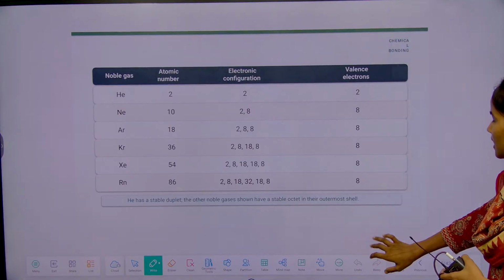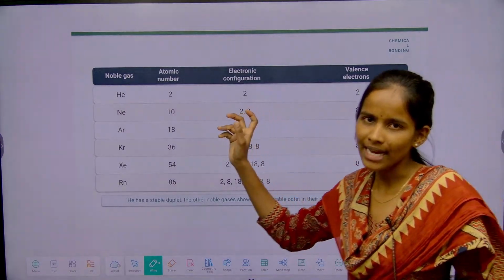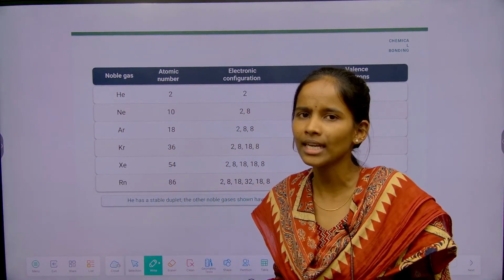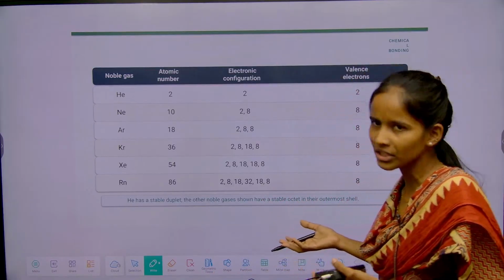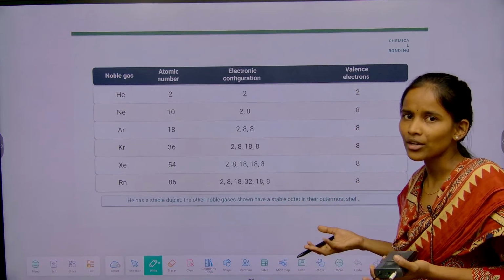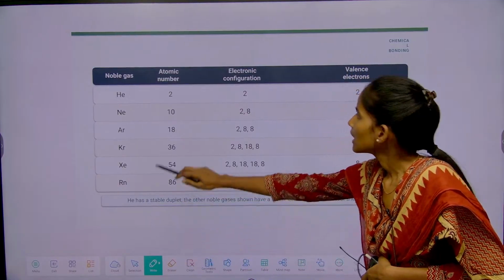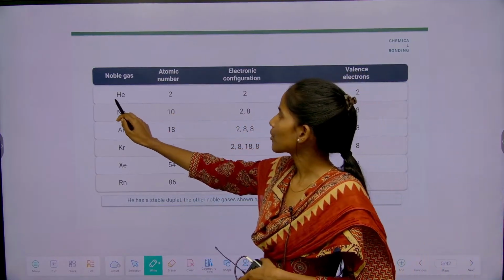We have discussed that generally noble gases have a sufficient number of electrons, right? Sufficient number of electrons ante any electrons unte we will call it as sufficient, then only we call it stable. So here, what is the atomic number of helium?